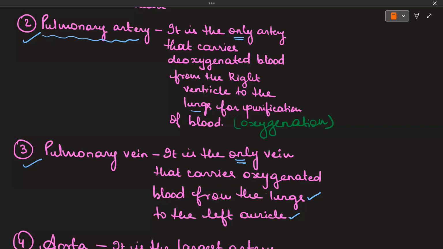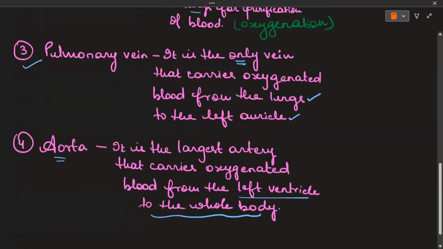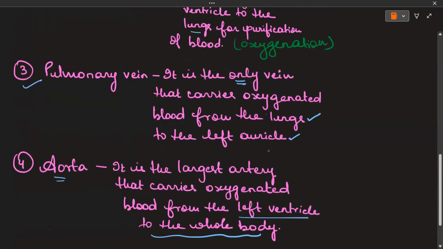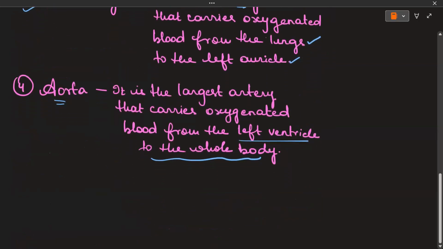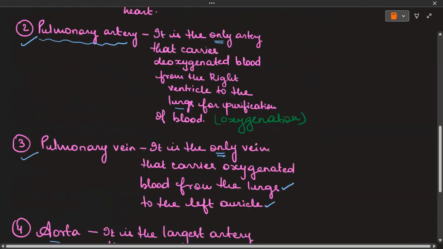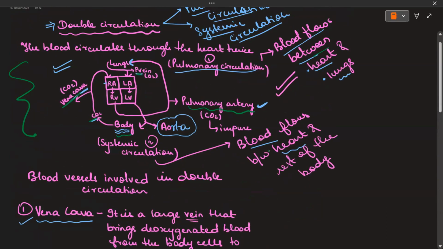Now we come to the pulmonary vein. It is the only vein that carries oxygenated blood from the lungs to the left auricle. All the rest of the veins carry deoxygenated blood. Last one, the aorta. It is the largest artery that carries oxygenated blood from the left ventricle to the whole body wherever oxygen is needed. Clear? Isn't it so simple and easy to understand?